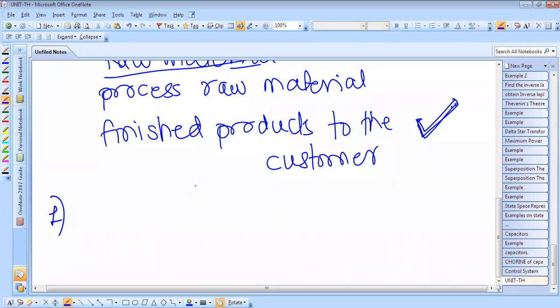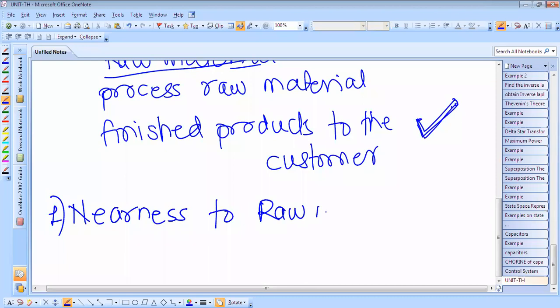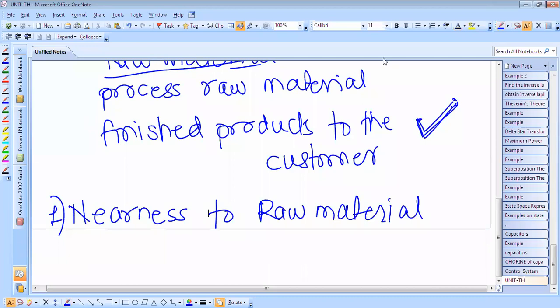Nearness to raw material. Our plant should be very near to the raw material. It will reduce the cost of transporting the raw material. Okay.